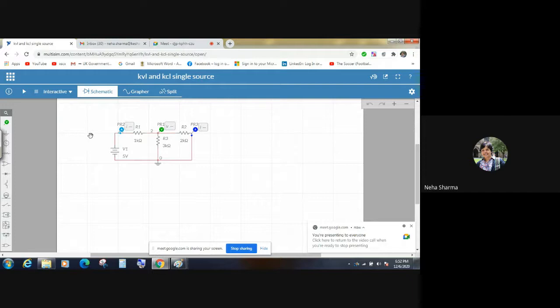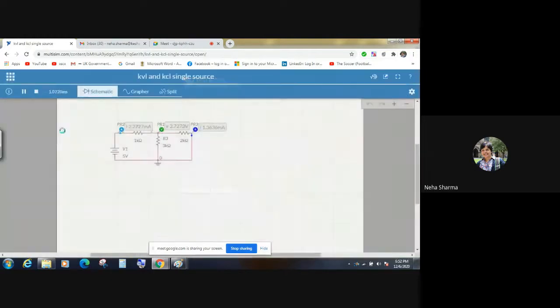You can see that I have used two current probes, the cyan one and the dark blue one, and a voltage probe, this one. Let's run it and see what we get. I'm getting I1 as 2.27. This is peak to peak, so please remember we have to convert it to its respective value.